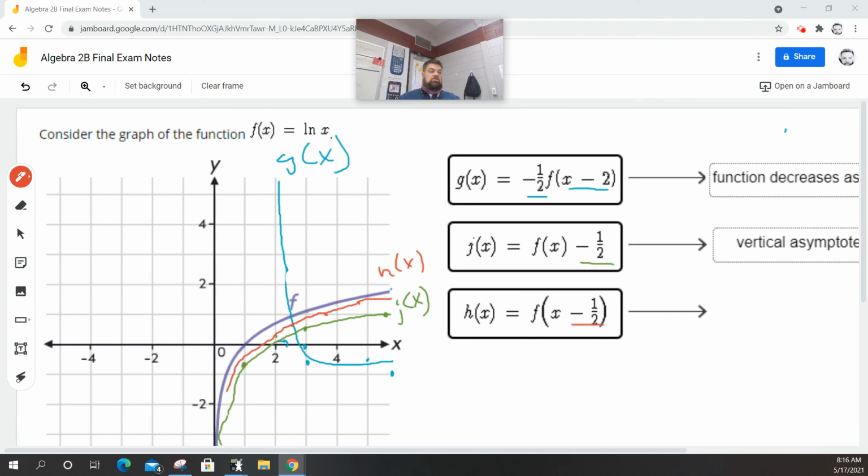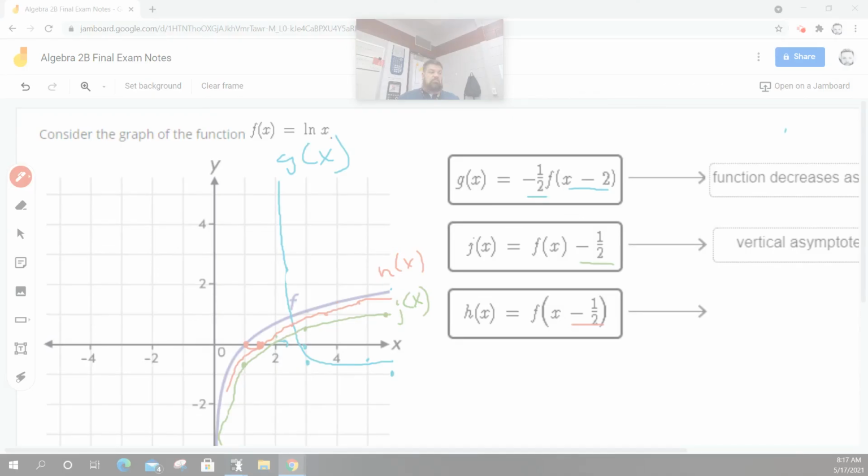And so where is that going to cross? Well, this one says it's going to cross at 1.5. Because the reason is it's shifting over 0.5 and f crosses at 1. So that one is going to have an x-intercept at 1.5.